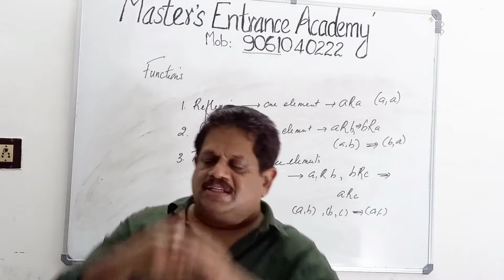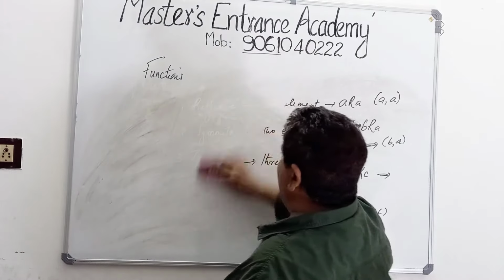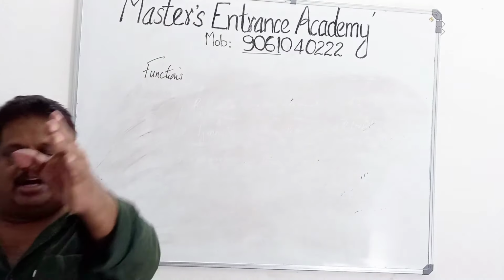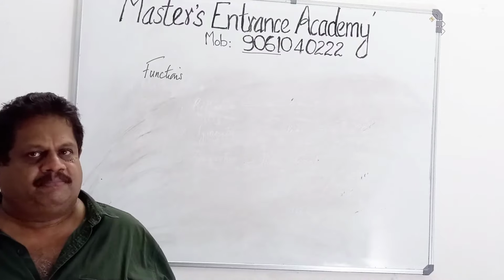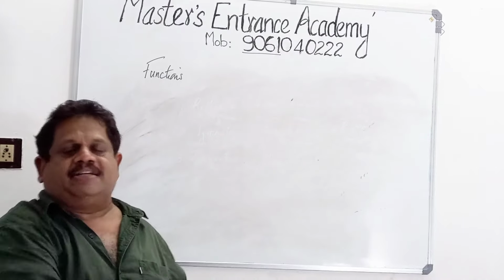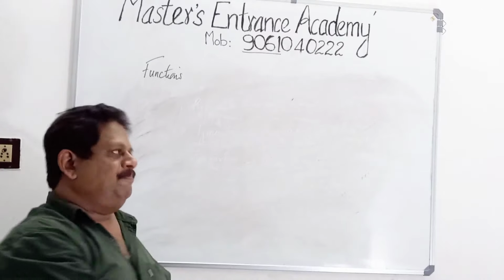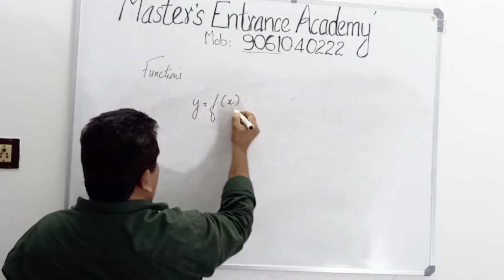Now, from equivalence relation, let us come to the topic we call functions. All of you know what a function is. Now everybody says, yes, I am the function. Yes, I am the function of studies. Every student is the function of the parent. That means when you write y is equal to f of x, we have two things.